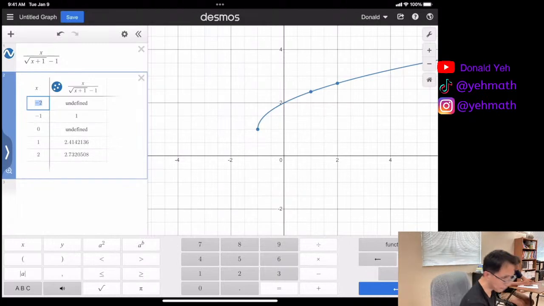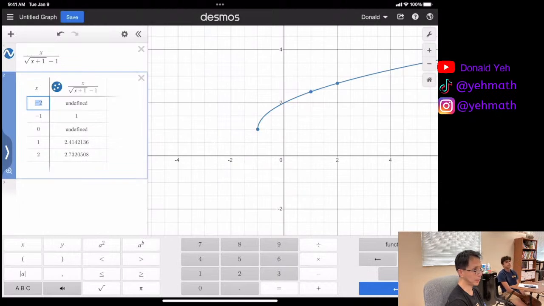Would it be greater than -2? No, -1. Because if it's -1.01, then it's undefined inside. And -1 is okay. So it has to be greater than or equal to -1. Okay, so now what we're going to do is approach something.